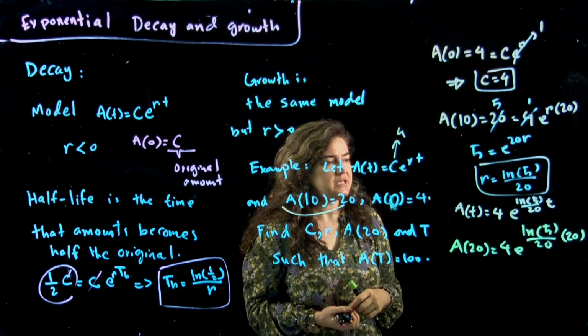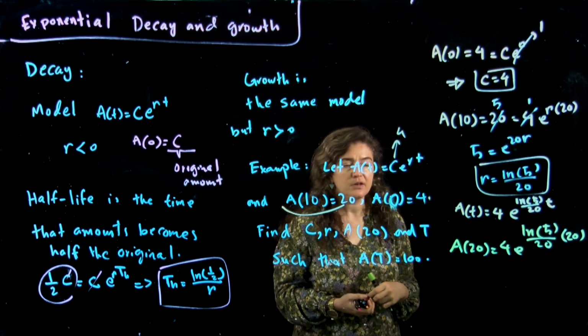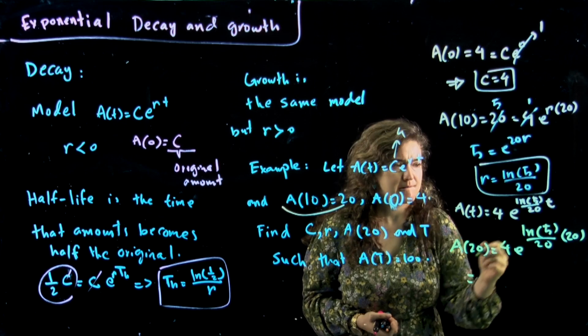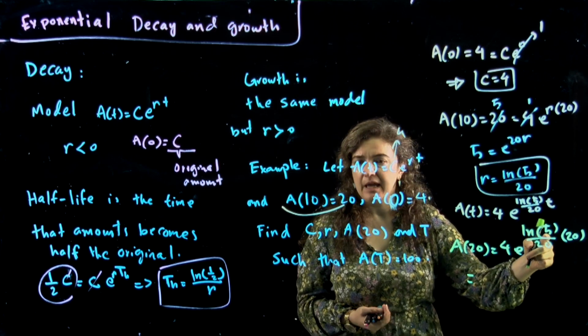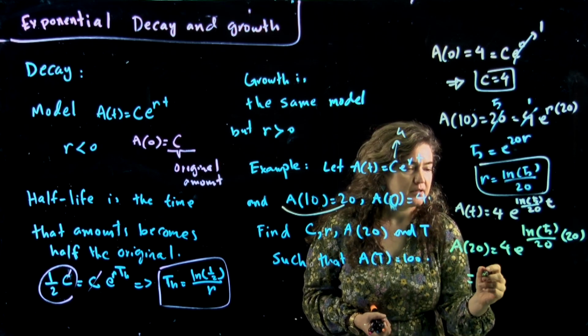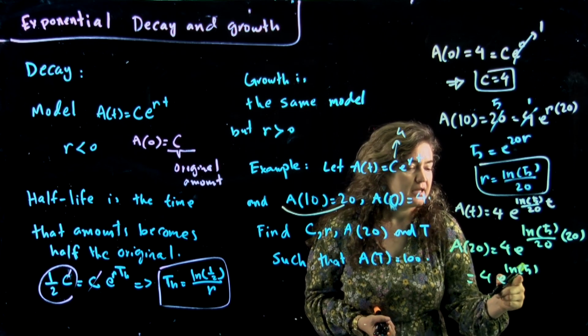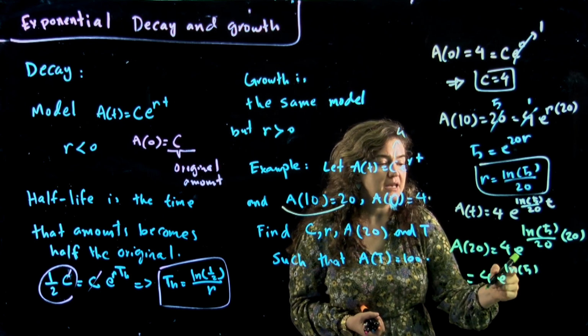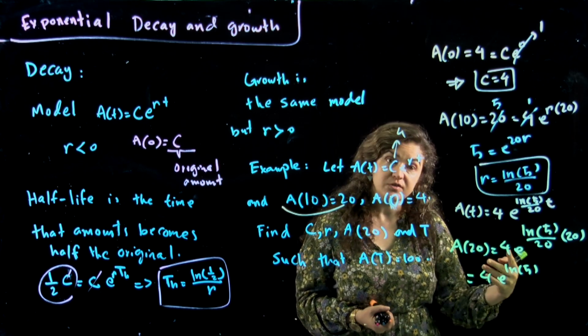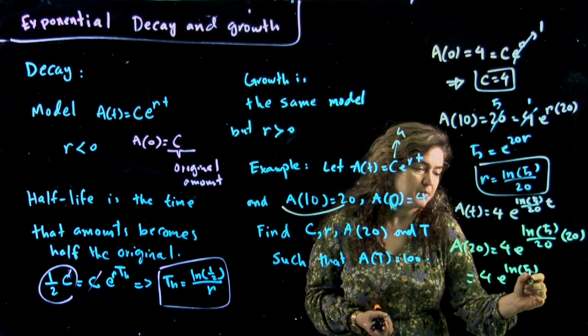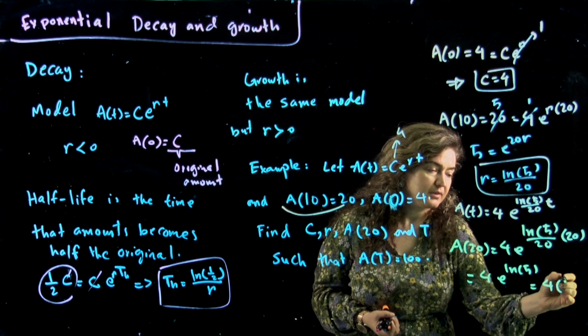In this case, the 20s simplify together, and what we end up with is 4 e to the power ln of 5. e to the power ln, these two are inverse functions of each other, and we end up with a 5.